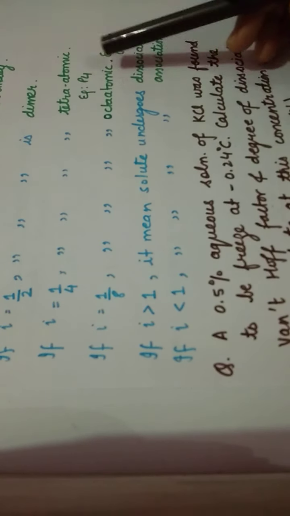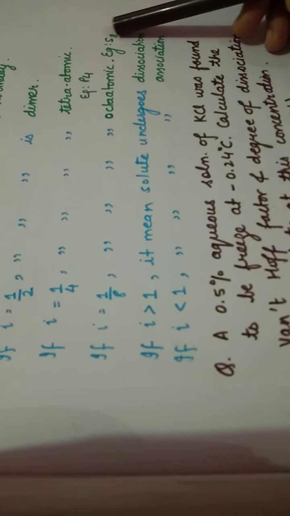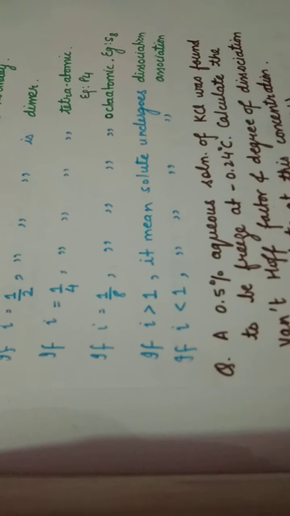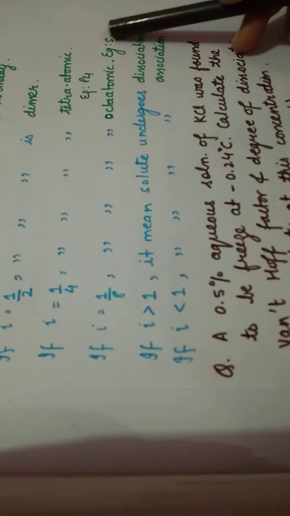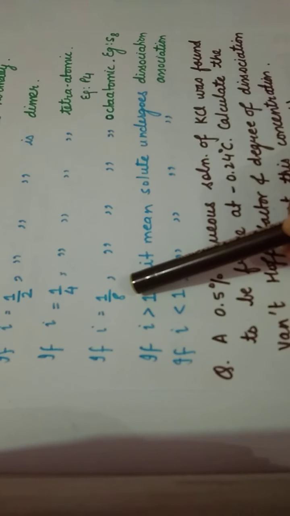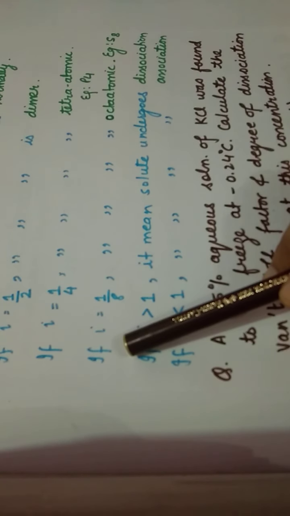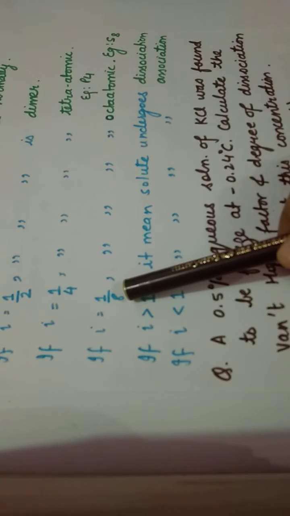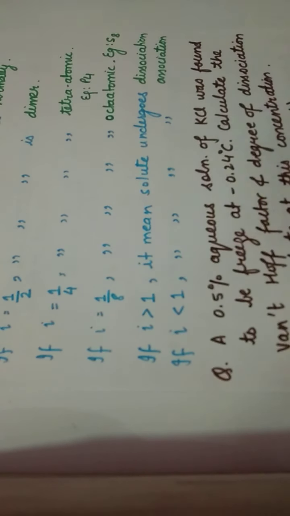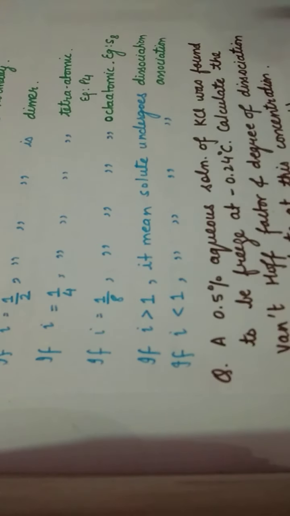Example is P4. In the same way, S8, sulfur molecule, is octaatomic: 8 atoms of sulfur combined to form one molecule of sulfur, S8. So in case of sulfur, the value of i is 1 upon 8. If after solving you get the Van't Hoff factor as 1 upon 8, you can clearly say that the solute is octaatomic in nature.